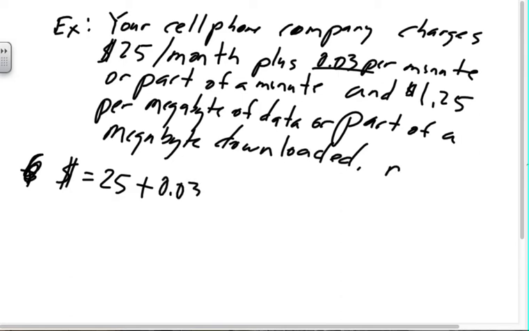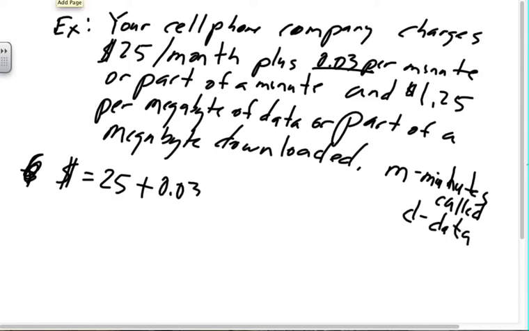So M is going to be minutes called. And D is going to be data.